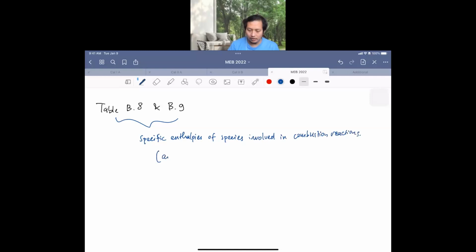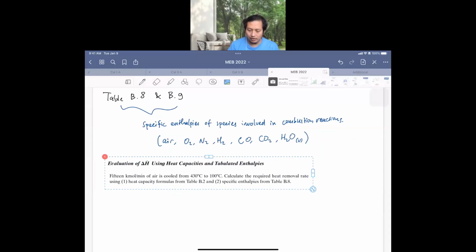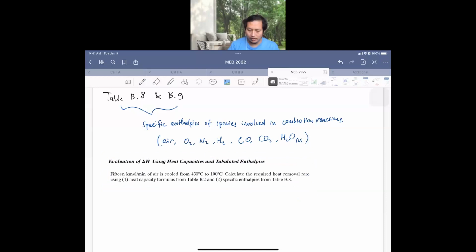So we will have air, oxygen, nitrogen, hydrogen, carbon monoxide, carbon dioxide, and the vapor. Okay, now one example from here, I will just show you.